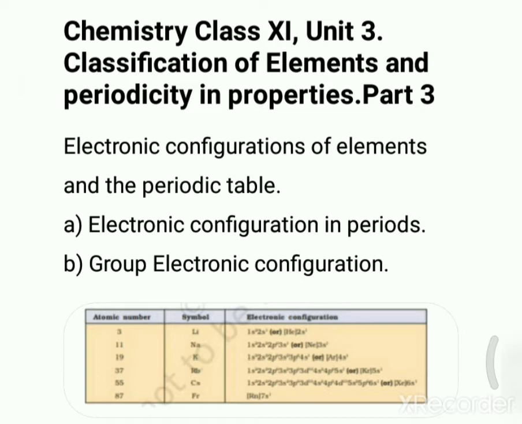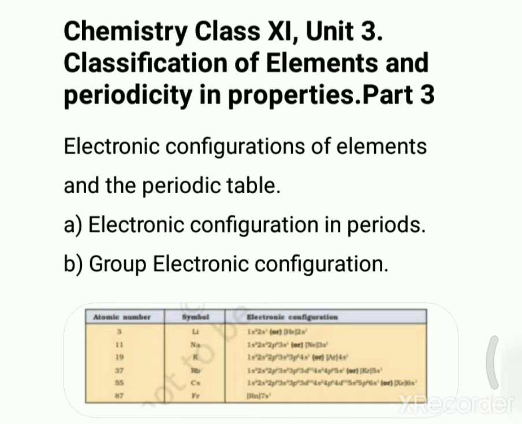Then starting from the next element, boron, the 2p orbitals are filled with electrons until the L shell is completed at the neon stage. For example, the neon electronic configuration is 1s2 2s2 2p6.